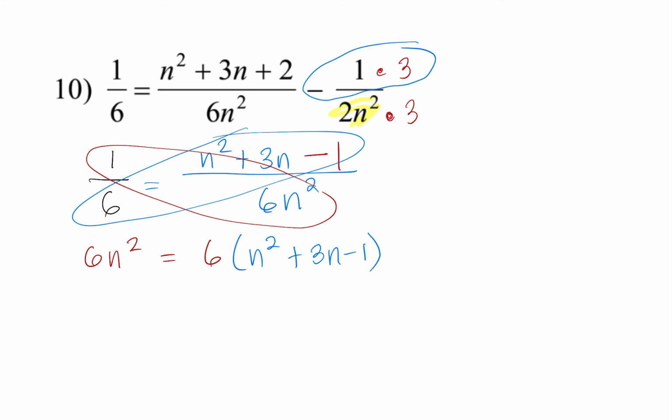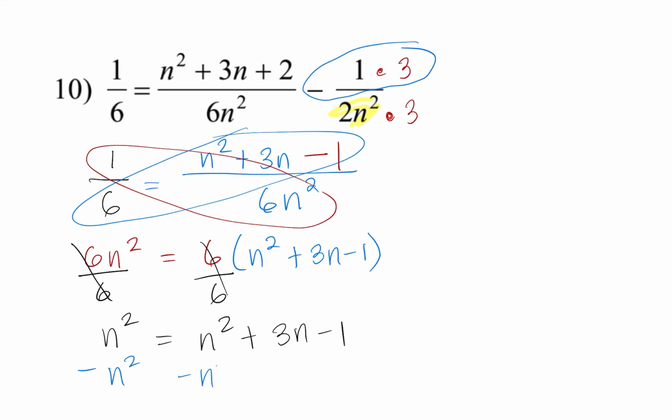At this time, we can get rid of 6, so we divide this by 6. And that will give us n squared equals n squared plus 3n minus 1. Notice that we can move the n squared to the other side by subtracting n squared on both sides.